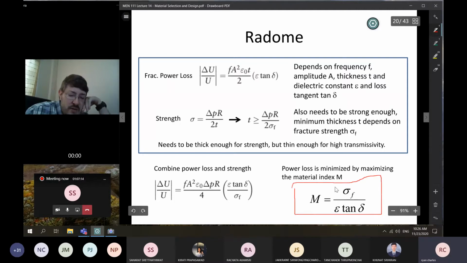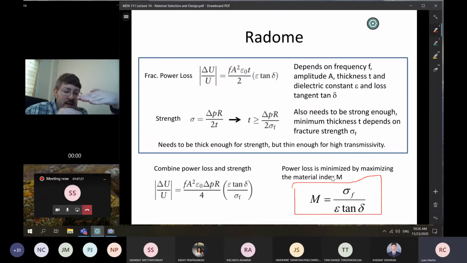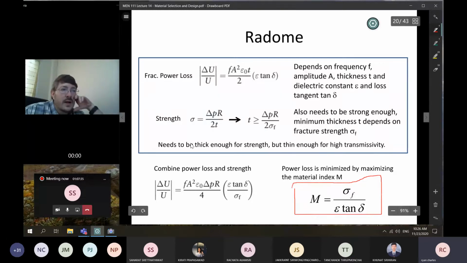Some fracture strength or failure strength. And here, we had dielectric constant and tan delta, right? Trying to minimize the power loss. Right, so we're combining things which most people wouldn't ever think of putting together for everyday use, right?